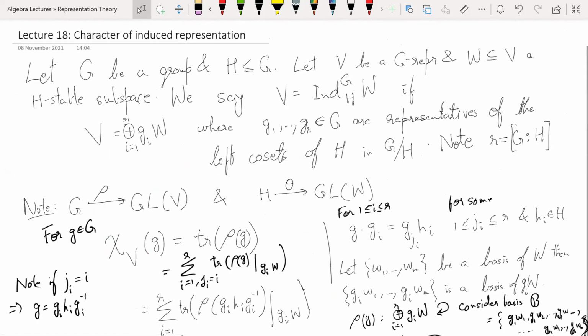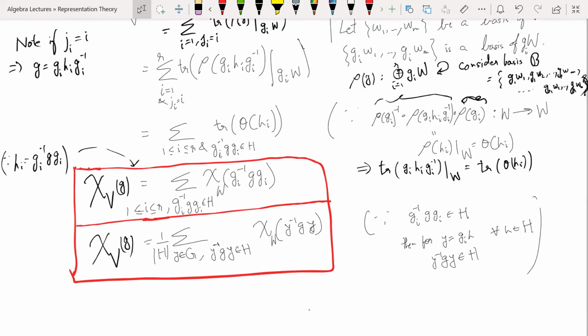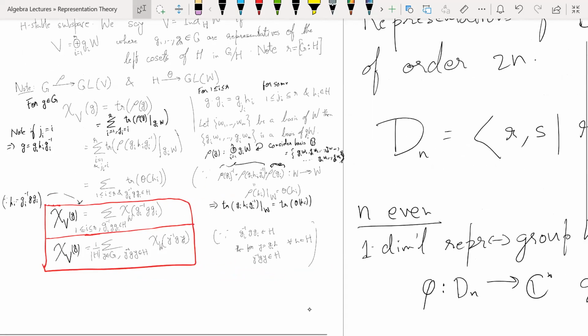After the examples, we'll go back to induced representations and prove these theorems, do some more calculations, work out more examples, and then maybe end with Young tableaux and representations of S_n.